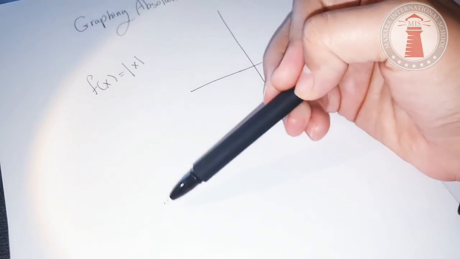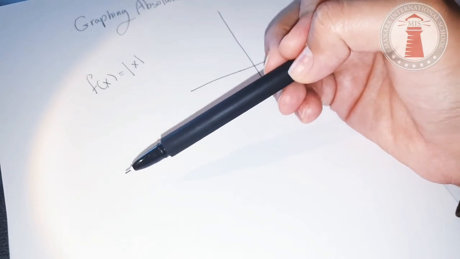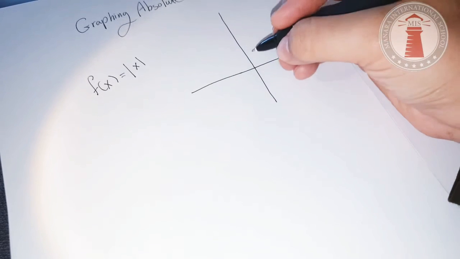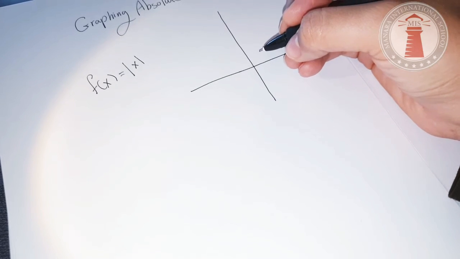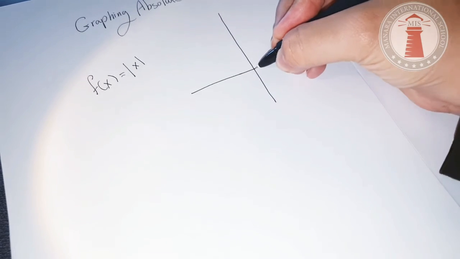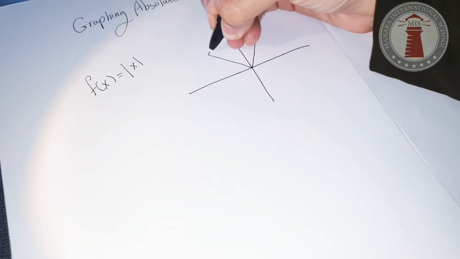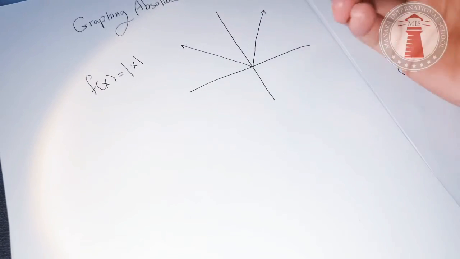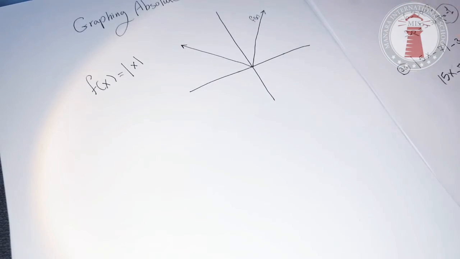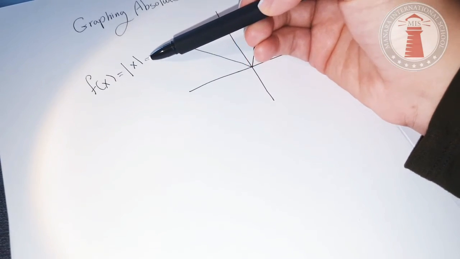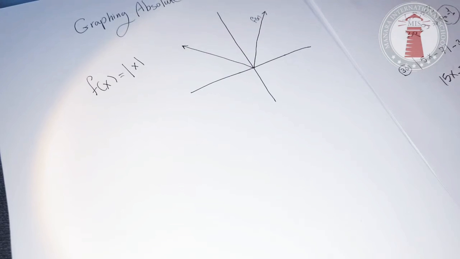If we made a table and put in values of x starting from 0, 1, 2, 3, -1, -2, -3, we would get a line that makes about 45 degrees to the right and 45 degrees to the left, so it makes a perfect letter V. That's f of x, the original form, f of x equals the absolute value of x. There's no number with the x, and no number in addition to the absolute value.